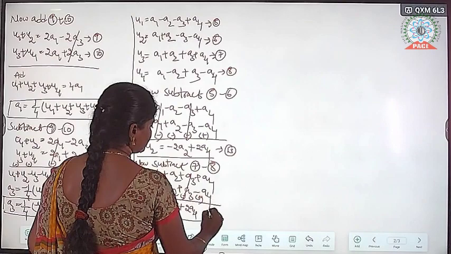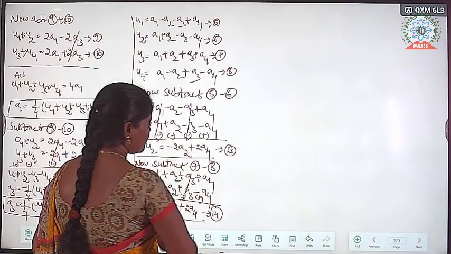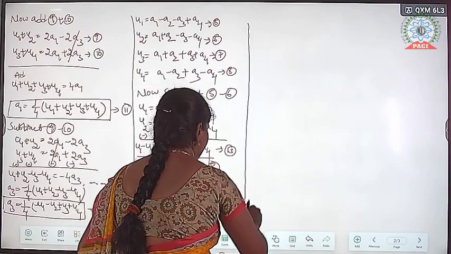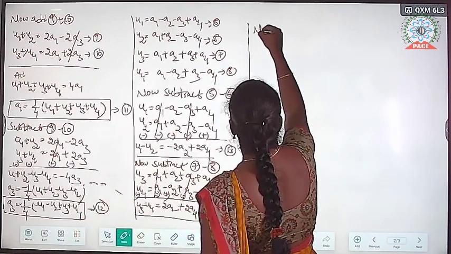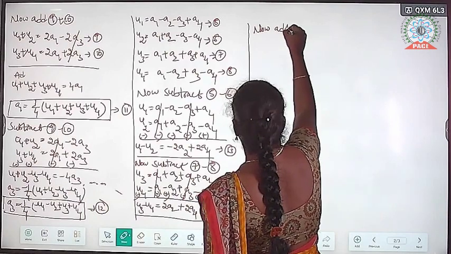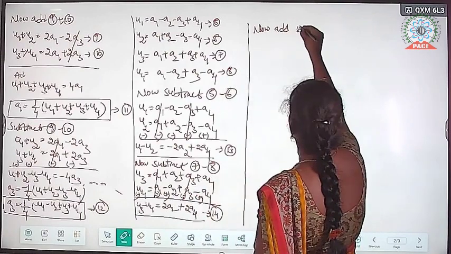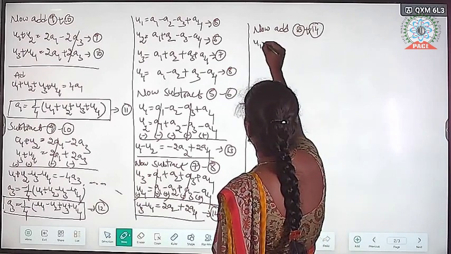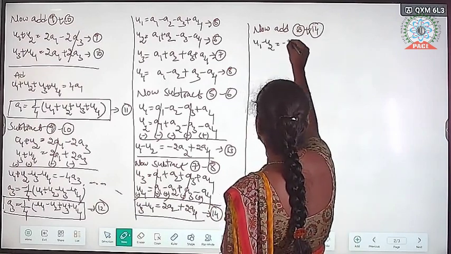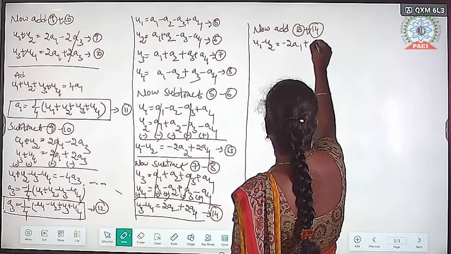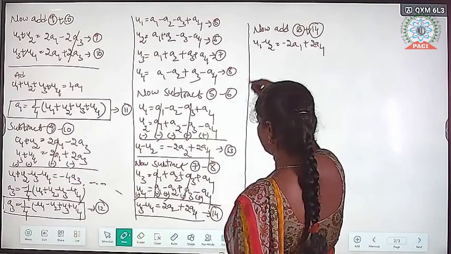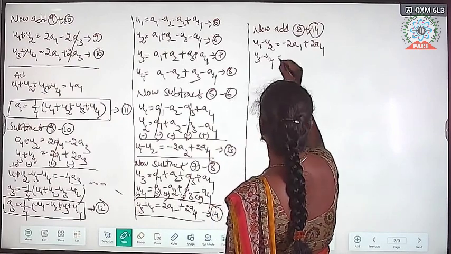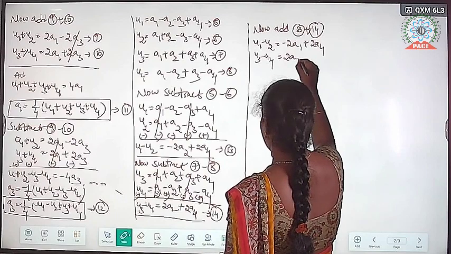Now to get the remaining terms, we have to subtract and add these terms. Now add. u1 minus u2 is equal to minus 2a1 plus 2a4. u3 minus u4 is equal to 2a2 plus 2a4.